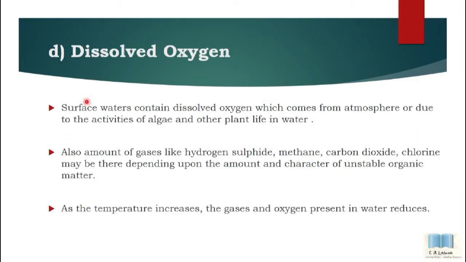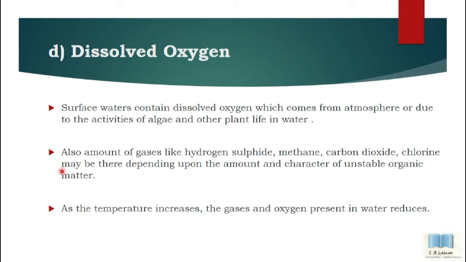Then the next chemical test is dissolved oxygen. Here the first point is surface water contains dissolved oxygen which comes from the atmosphere or due to the activities of algae and other plants in water.